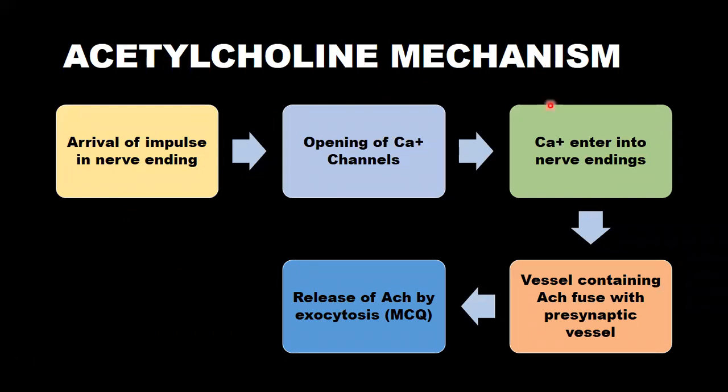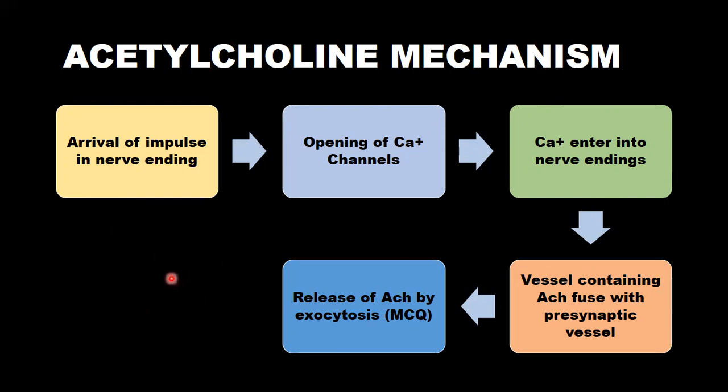Coming to the acetylcholine mechanism, as we have seen when we discussed its biosynthesis, acetylcholine is synthesized in the cytoplasm of our axon, and it is made from two parts: acetyl-CoA plus choline forms acetylcholine.